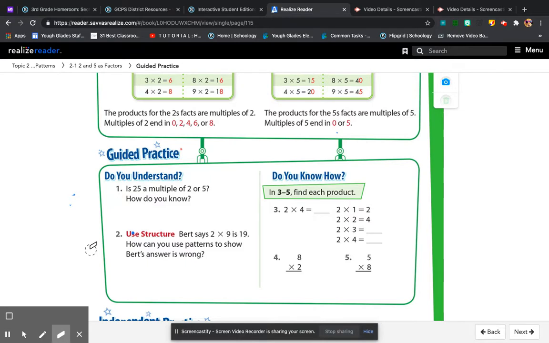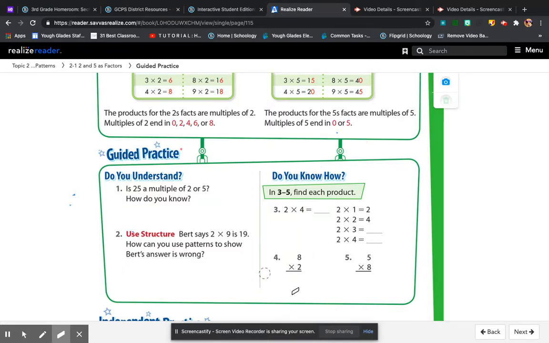So go ahead and use this practice page and practice 2 times 4. And notice the patterns here. 2 times 1 is 2. 2 times 2 is 4. What would be next? If you know how to count by 2's, you will know that. Then also use your counting by 2's to find 8 times 2 and 5 times 2. Remember, whenever you see a product of 5, you can count by 5's. Whenever you see a product of 2, you can count by 2's.